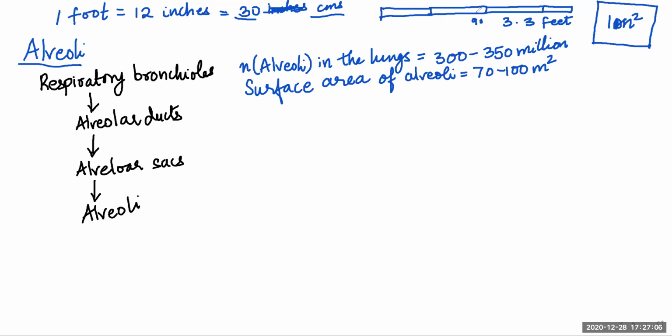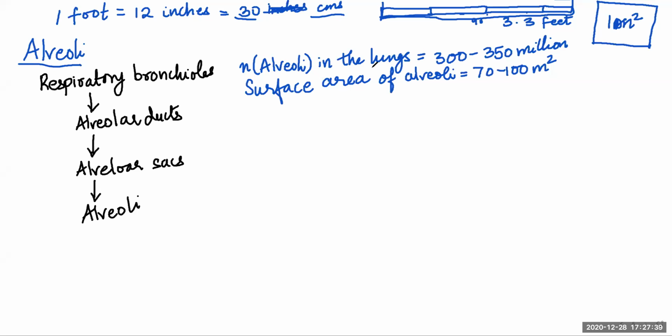Now if you keep 10 such units, या इमेजिन करो ये 1 मीटर स्क्वायर के 10 आपने बॉक्सेस लिए तो वो 10 मीटर स्क्वायर हो गया. That's the amount of surface area of alveoli which is kept in a small area in the lungs, indicating that it is highly folded.